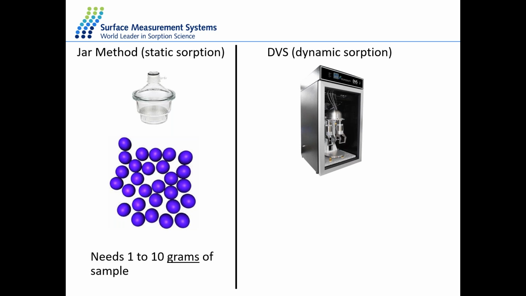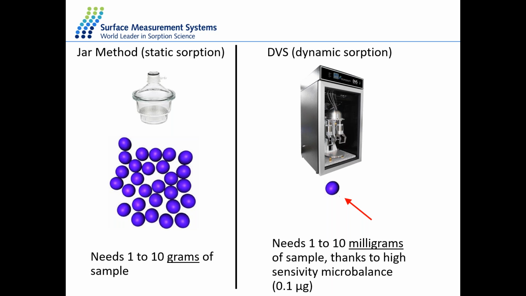So in a jar method, you require a significant amount of mass of sample. The higher the mass, the more repeatable the result, specifically when you are running an experiment manually. So usually in a jar method, you are using grams of sample, while in a DVS, we can use milligrams of sample.